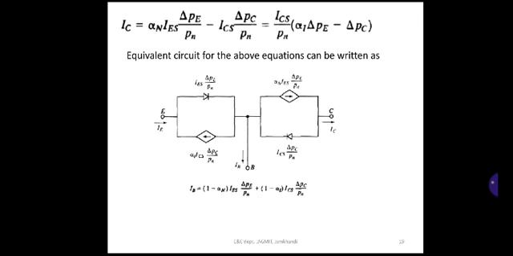Similarly, IC equal to alpha n IES into delta PE by PN minus ICS delta PC by PN. So that is equal to ICS by PN into alpha I into delta PE minus delta PC. So here the equivalent circuit for both equations can be written as you can see from the figure.